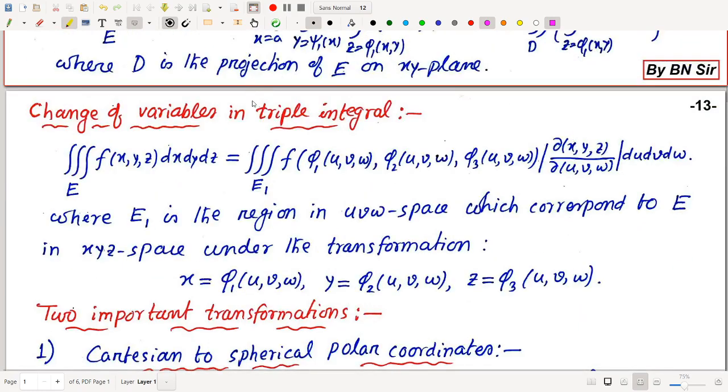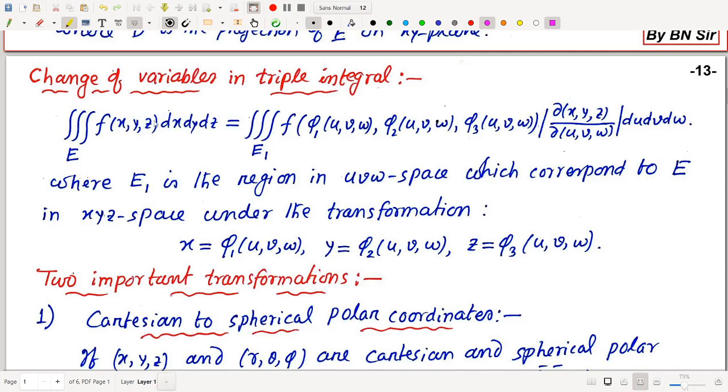Now sometimes we may need to change the variables in a triple integral, similar to the double integral formula. Let us write the formula for change of variables in a triple integral.